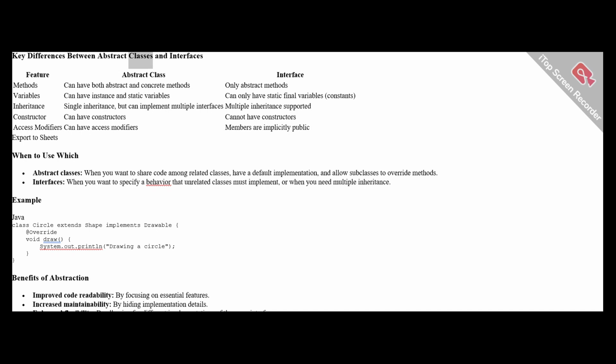Key differences between abstract classes and interfaces. Feature. Abstract class. Interface. Methods. Can have both abstract and concrete methods. Only abstract methods. Variables. Can have instance and static variables. Can only have static final variables, constants.